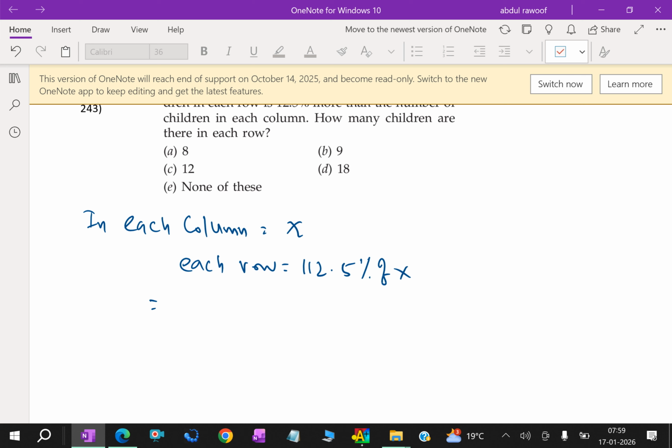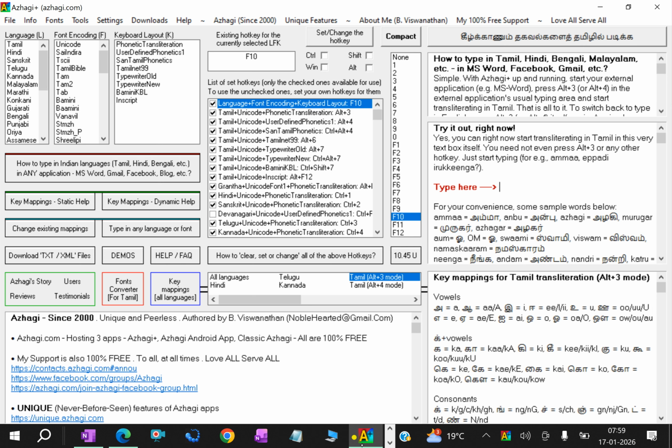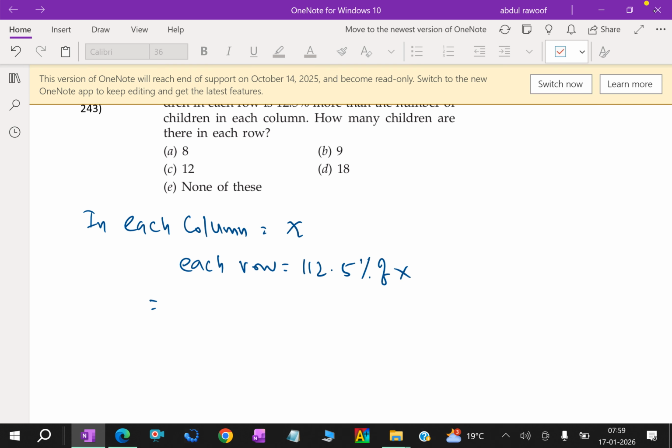x equal to 112.5 multiplied by 2, which gives 225 divided by 2 into 1 by 100 of x, equal to 9x by 8. Here, the number of students in each column is x, and in each row it is 9x by 8.